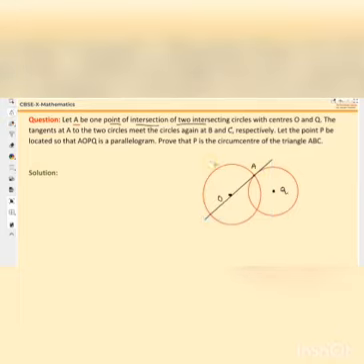Let us say this tangent meets this circle at point B. Similarly, if I draw a tangent at the point A to this circle, let me say this point is C. Now let me change the color of this circle so that it becomes easier for us, say this circle is a blue one, so that we don't have confusion. So now I will say the blue circle and the red circle.